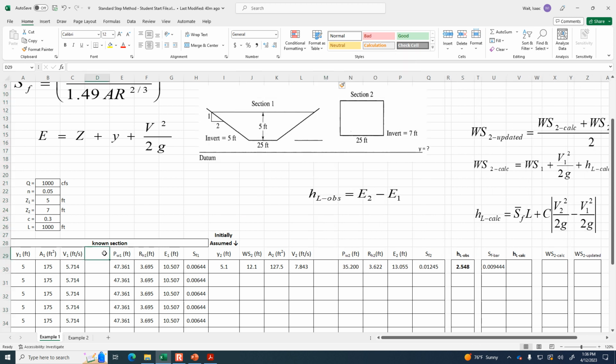Okay, so this is, I'll just call it V1 head, meaning it's going to be V squared divided by 2g. So V squared divided by 2 divided by 32.2.